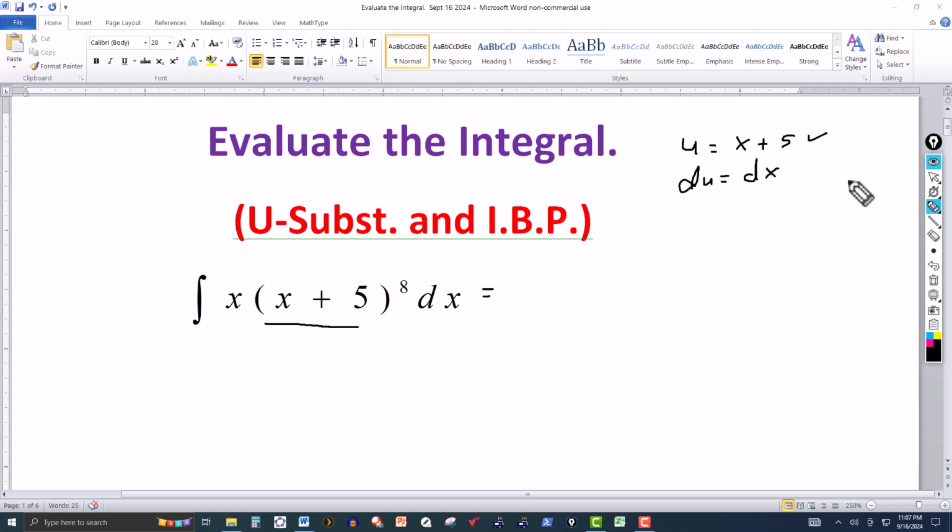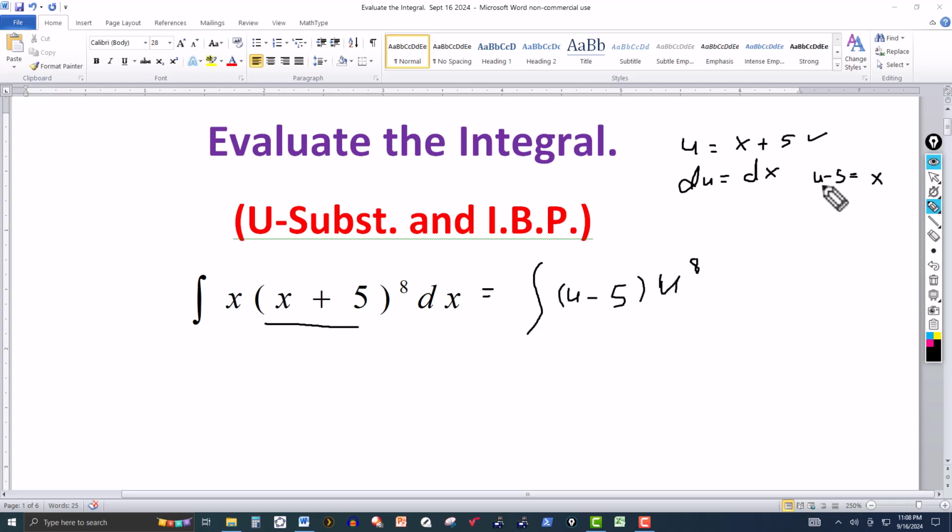And then for x, I can solve this first substitution for x, taking the 5 over, and this gives x equal to u minus 5. So for the x, I replace it by u minus 5. x + 5 is u, and that's to the 8th power.